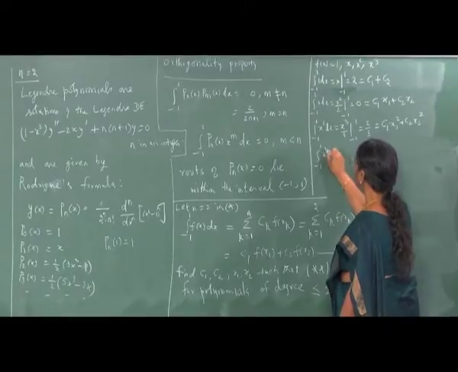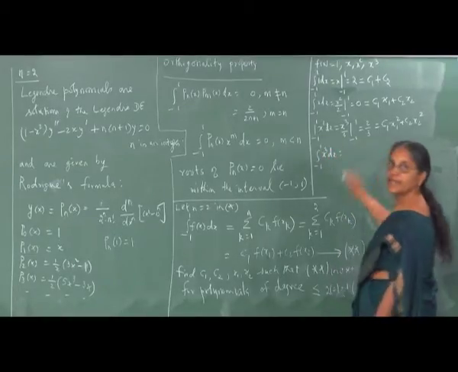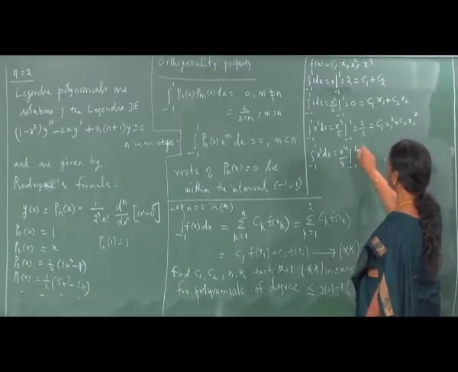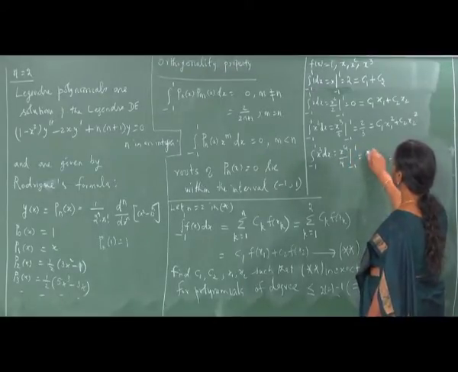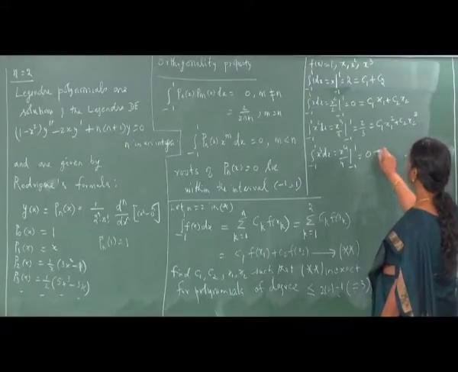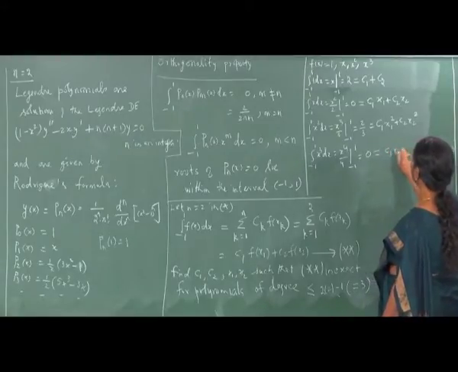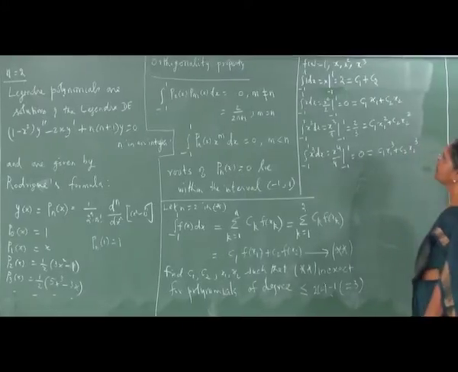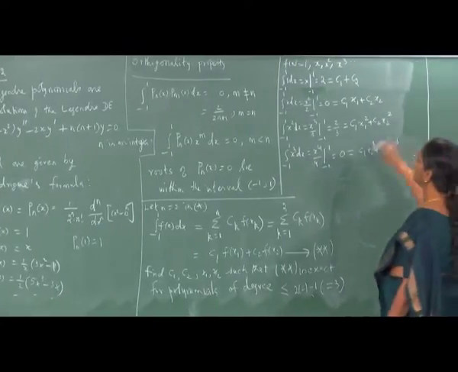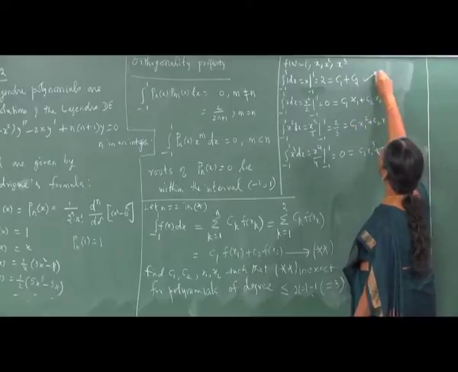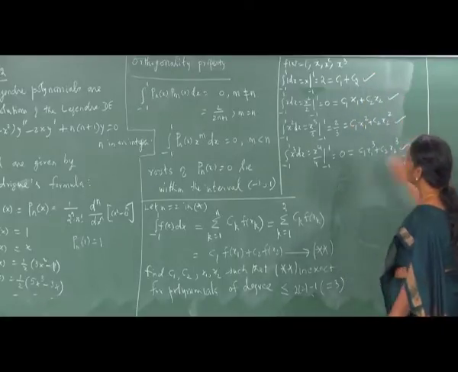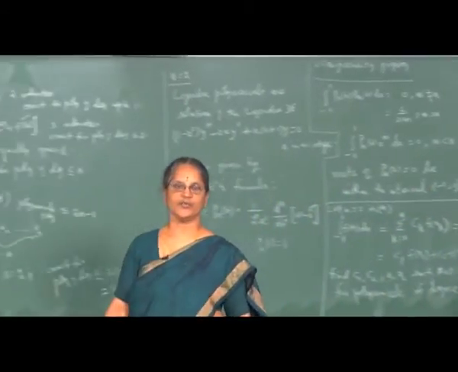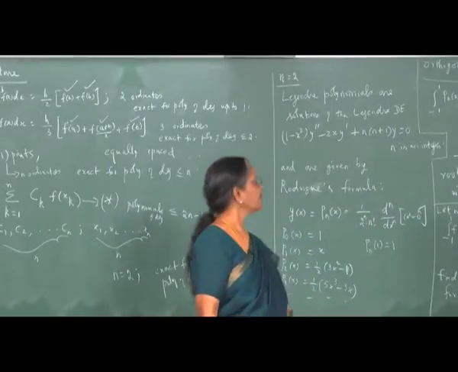Then minus 1 to 1 x cube dx will be x to the power of 4 by 4 between minus 1 and 1, and that again will be 0, and that is equal to C1 into x1 cubed plus C2 into x2 cubed. So, we observe that we have 4 equations to determine the 4 unknowns C1, C2, x1 and x2.